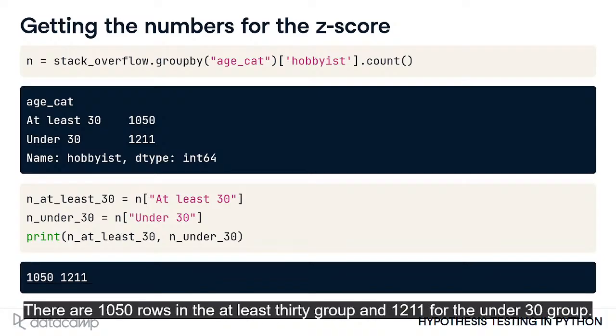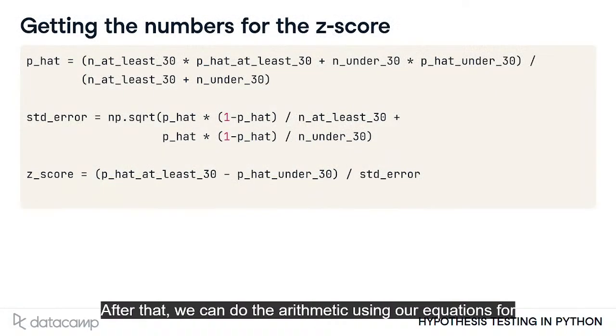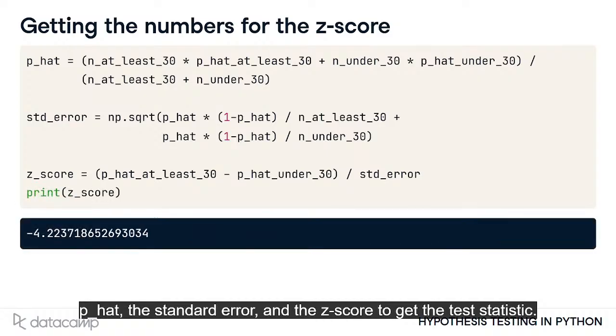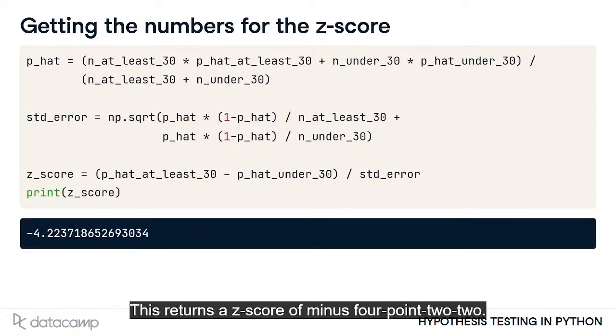There are 1,050 rows in the at least 30 group and 1,211 for the under 30 group. After that, we can do the arithmetic using our equations for p-hat, the standard error, and the z-score to get the test statistic. This returns a z-score of -4.22.